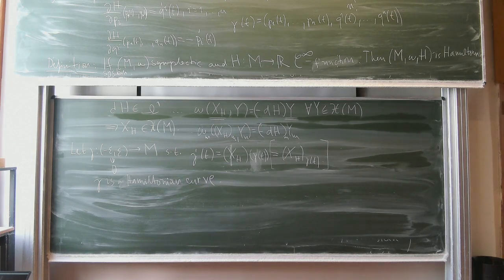To verify that it is equivalent, one needs to go into coordinates and to reprove it in geometry, which might be a homework as well. So this is equivalent if omega is dp wedge dq and M is R^2n.